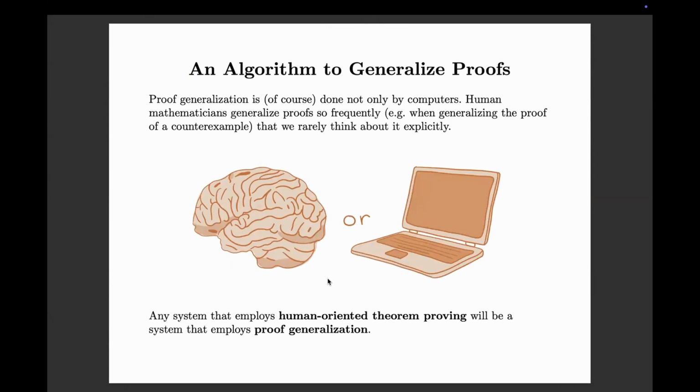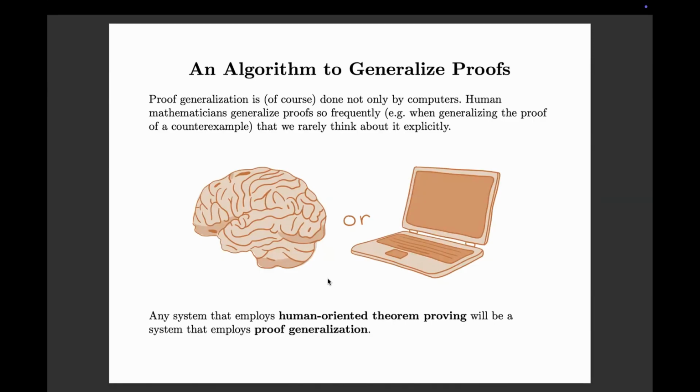Okay, so what's the use case of an algorithm like this? Well, I work in a group that works in human-oriented theorem proving, and this sort of proof generalization is something that we as mathematicians do all the time without even thinking about it. For example, if we have a conjecture and we end up disproving it with a counterexample, we'll very quickly try to figure out what the most general counterexample is.